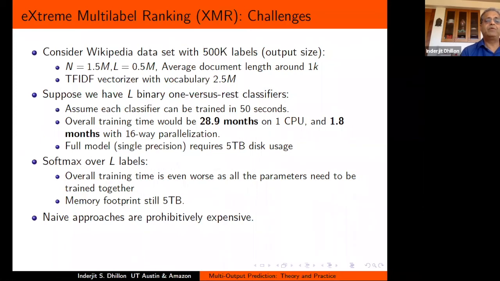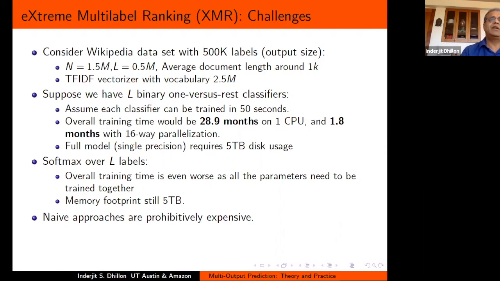So now suppose we take a very naive approach and we want to try and solve it as L, or 500,000 binary one versus rest classifiers. In this case, each classifier requires about 50 seconds to train, let's suppose by hinge loss, square hinge loss, or logistic regression.